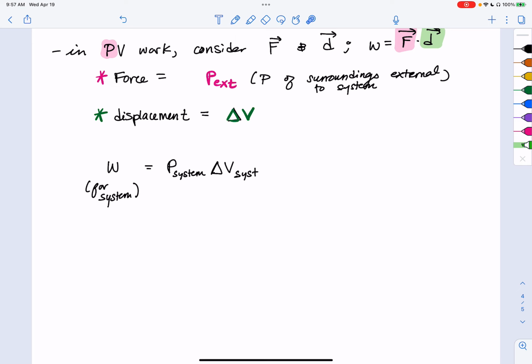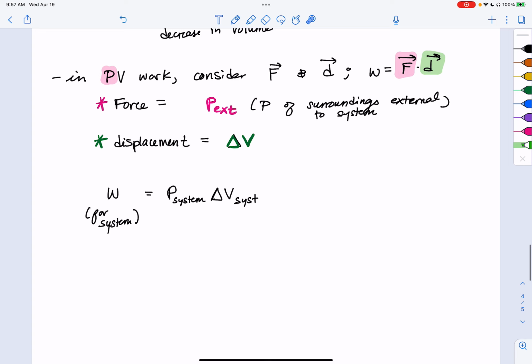However, as we saw in our examples here, when we look at the force, we typically think about it not in terms of what pressure is going on inside the system, but what pressure our system is working either against or being subjected to. And that's the external pressure of the lab.